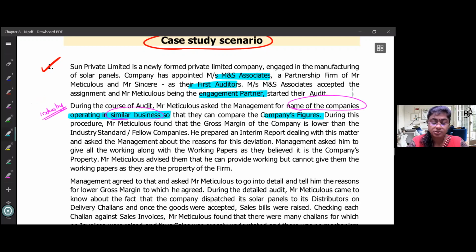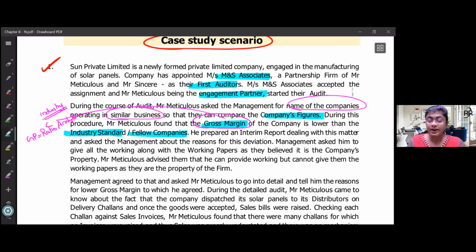During this procedure, Mr. Meticulous found the gross margin of the company is lower than the industry standard or other similar companies. Here, GP ratio. So he is doing analytical procedures very specifically. He is doing what? Ratio analysis.